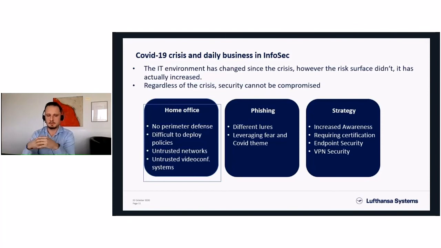But maybe they are using some video conferencing system that was not provided by the company, maybe it is not encrypted, or maybe they are violating license agreements, because even though these services are free, they are not free for enterprise use. So you need to take this into account and again build the awareness, but also build technical measures to monitor this or to restrict this.